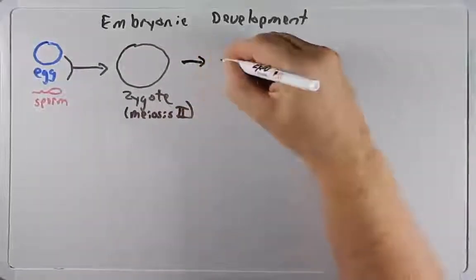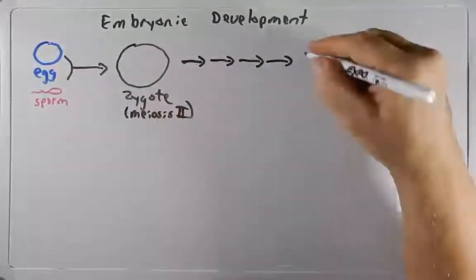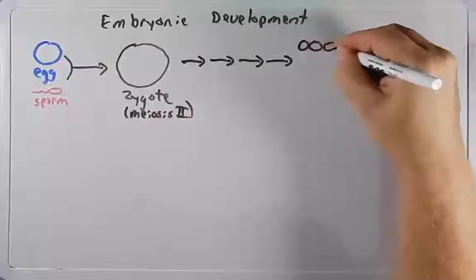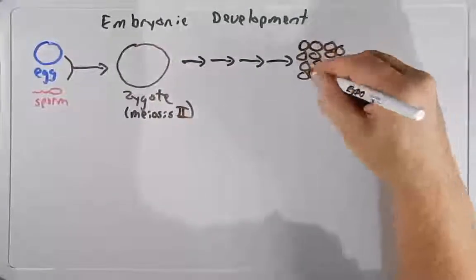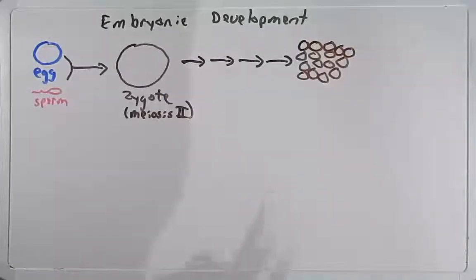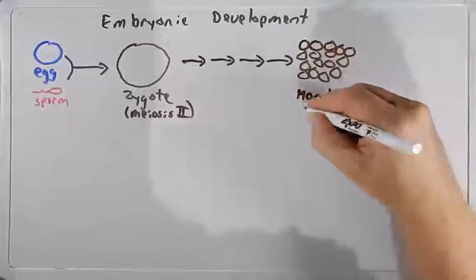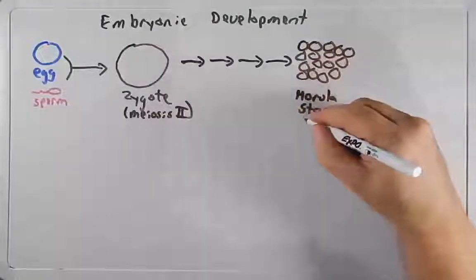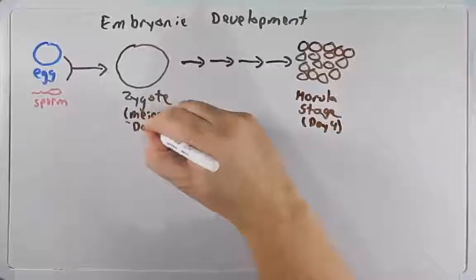The cell will divide several times here, and at this division that I'm going to show you, there's going to be 16 cells. We call this stage the morula stage. And this is day 4. And remember the zygote, this is going to mark day 1.